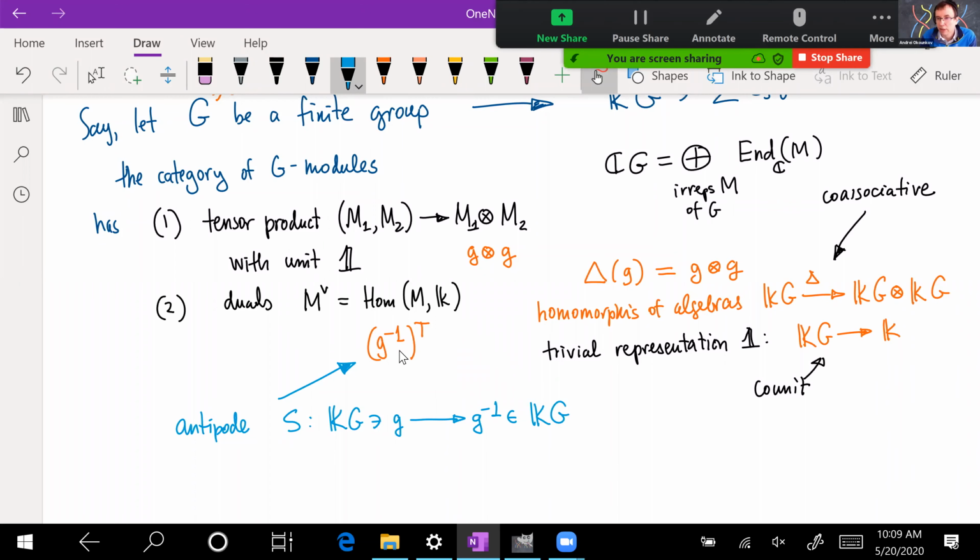When we act on the dual space, we take the transpose anyway. Taking a transpose puts the operators in the opposite order from which they started, and so to make it a representation, we have to make it an anti-automorphism.